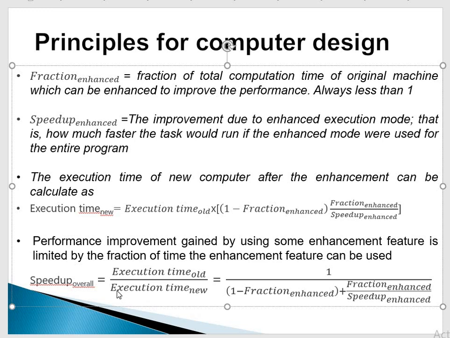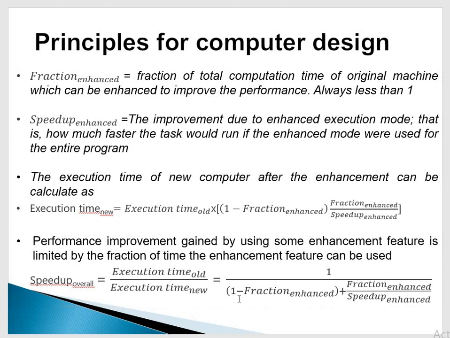If we replace this execution time new with this particular equation, then we get 1 upon (1 minus fraction enhanced) plus fraction enhanced upon speed up enhanced. So this is the way we can quantify the amount of improvement after the enhancement in the redesigned machine with respect to the machine without enhancement. So this is all about Amdahl's law.